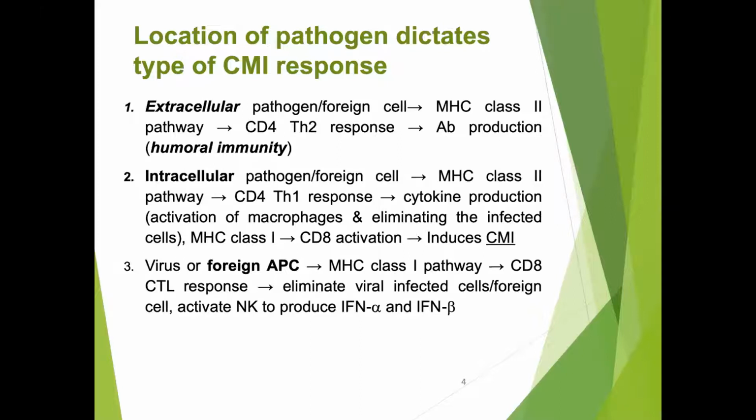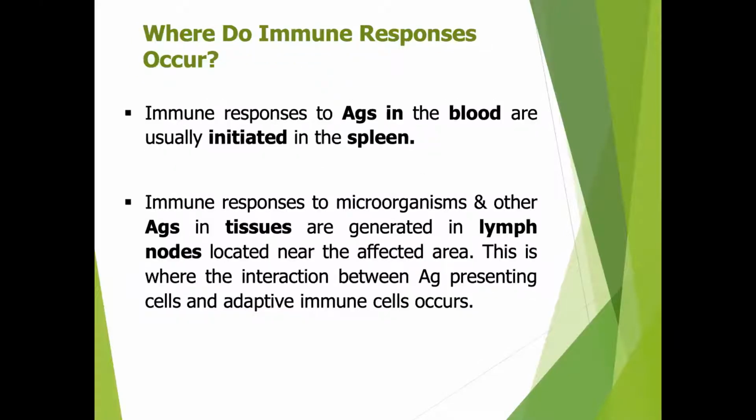When we have viruses, and I've added here foreign APC in the context of transplantation, that would undergo the MHC class 1 pathway that's recognized by CD8 positive cytotoxic T lymphocytes, and that would eventually end up killing the infected cell. Or when I say foreign APC, let's call it potentially the donor APC that's considered as foreign, that would be eliminated.